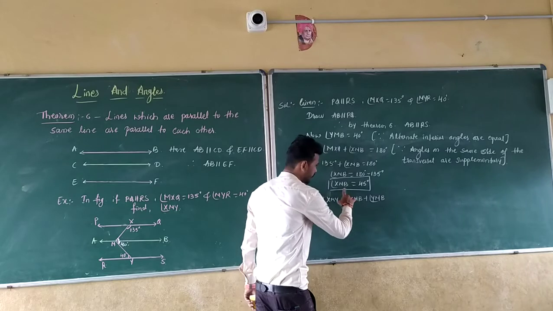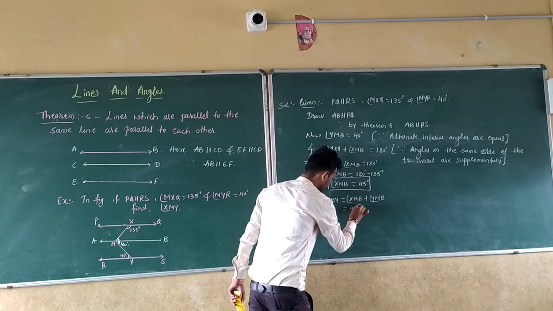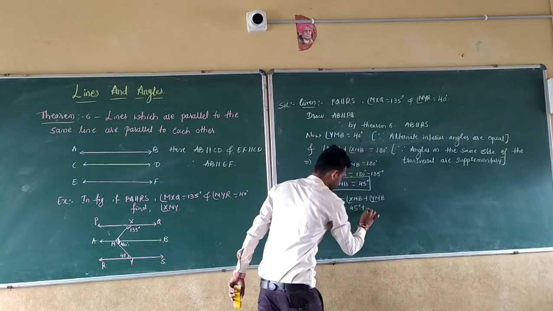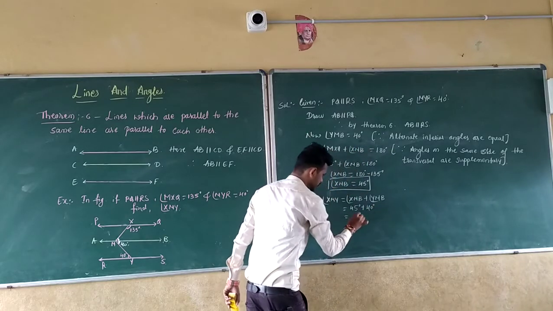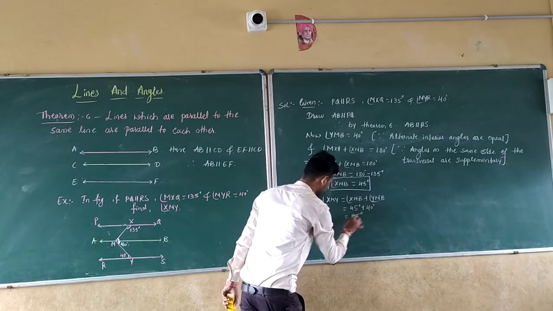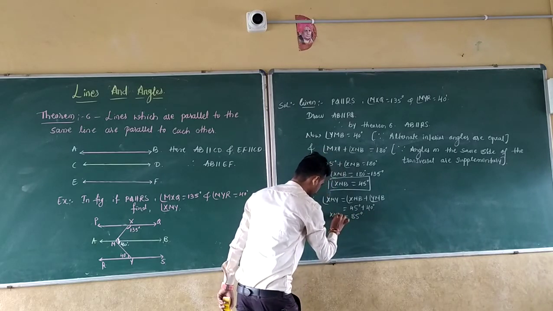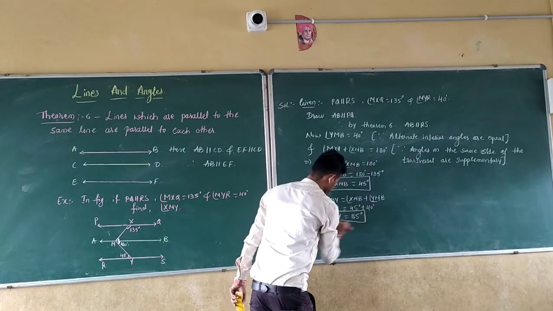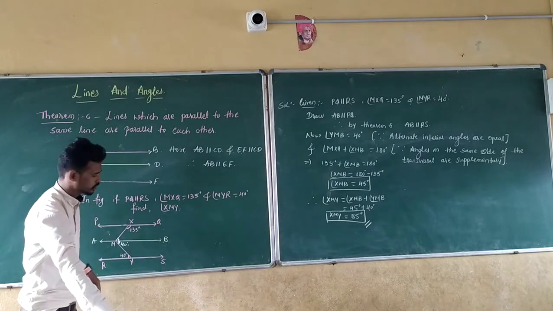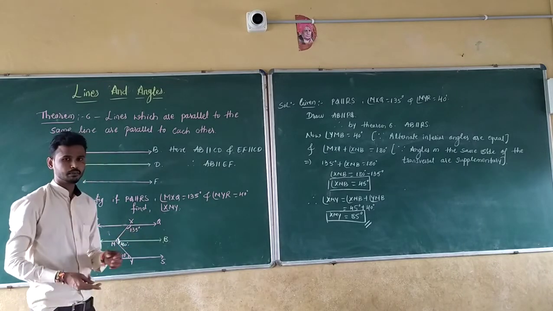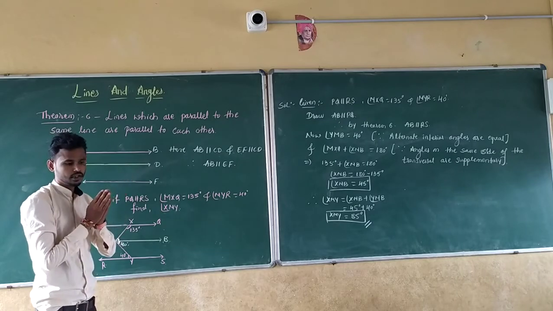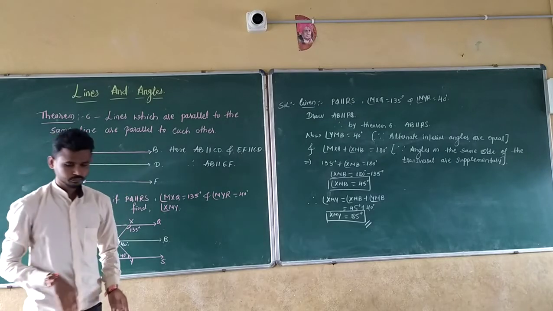XMB is 45 degrees, plus YMB, how much is there? 40 degrees. So it is equal to 45 degrees plus 40 degrees. How much will you get? 85 degrees. Therefore, angle XMY is 85 degrees. So this is the solution of the given example, using the theorems. We see the next example.